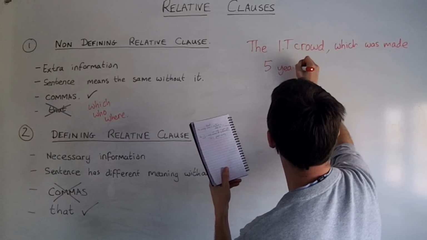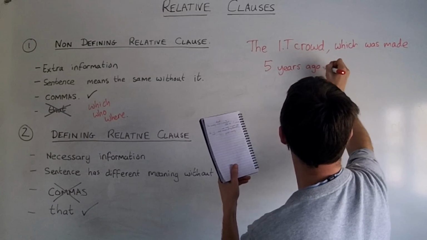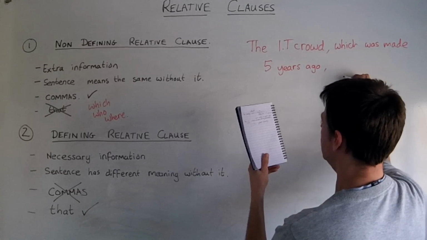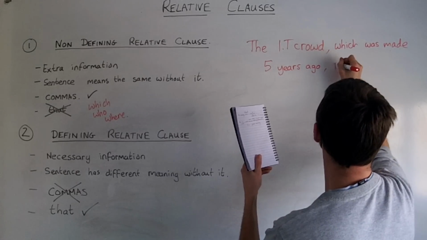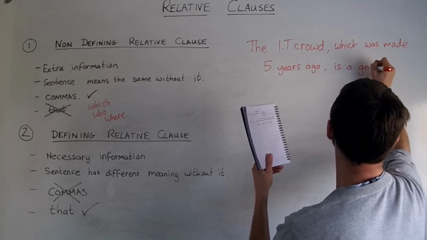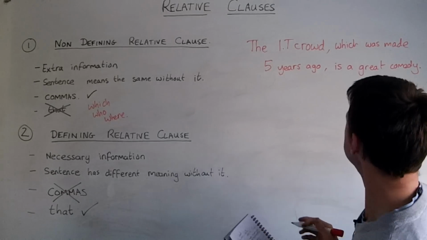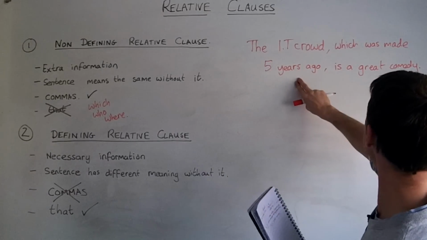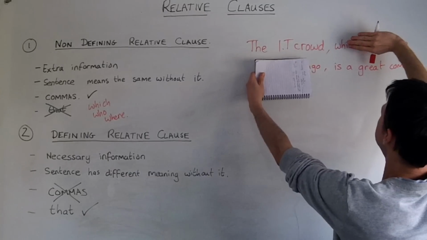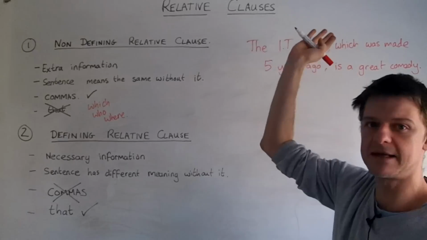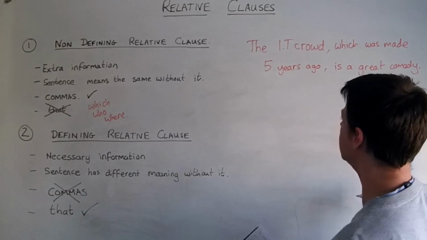I'm not sure when, but it doesn't matter. Comma, is a great comedy. Okay, this is extra information. If we take it out, the IT Crowd is a great comedy. It's the same meaning, okay, exactly the same meaning.